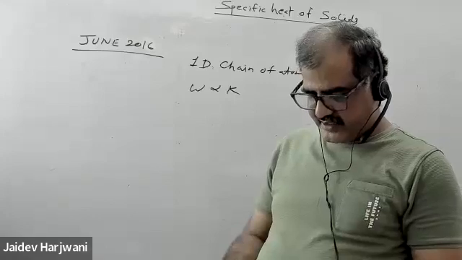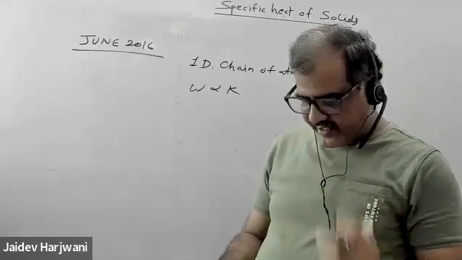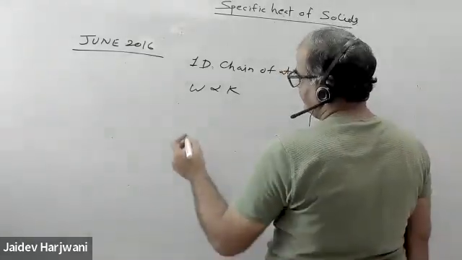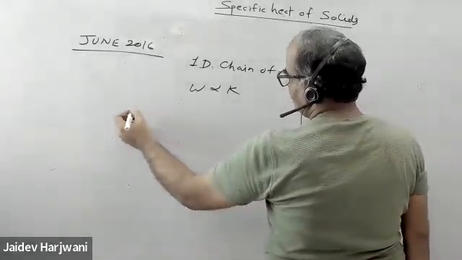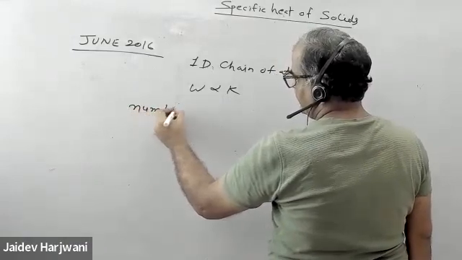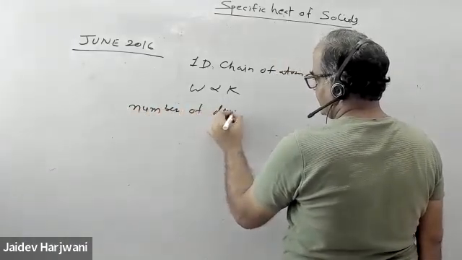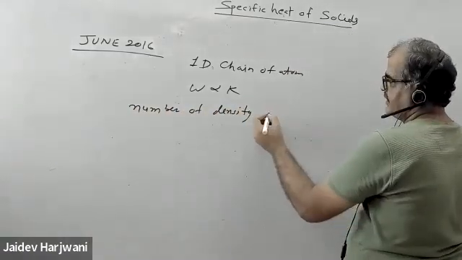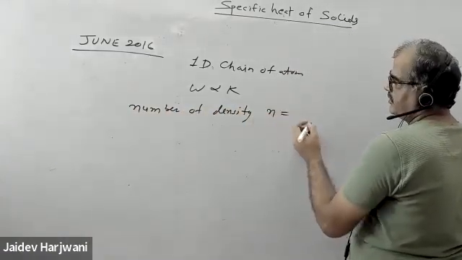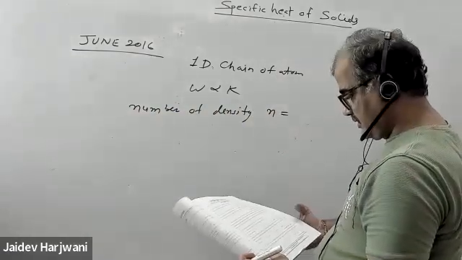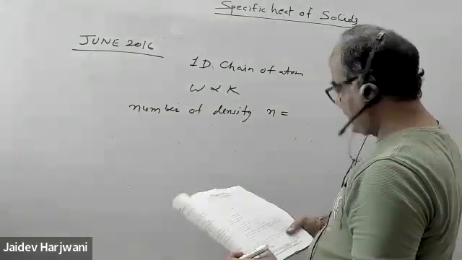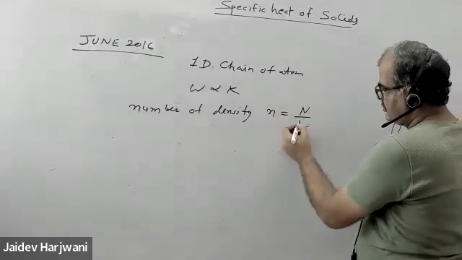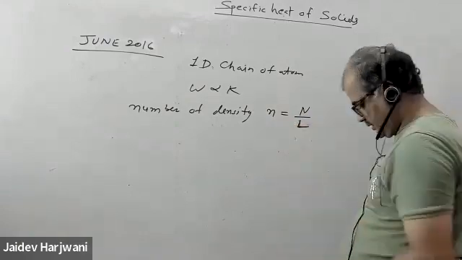You are given a 1D chain of atoms, and omega is proportional to k. If n is the number density of atoms, which is given, suppose there are N atoms in a one-dimensional chain of length L, so N by L equals small n.